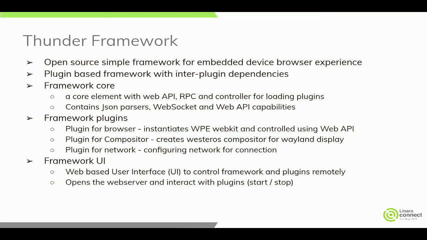Coming to the framework UI, these plugins can be configured through JSON files. Over that, it has a web-based user interface to control the framework and the plugins remotely. It works on port 80 and opens a web server and interacts with the plugins. So these are all the major components in the Thunder framework.